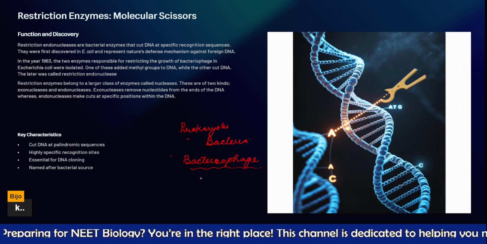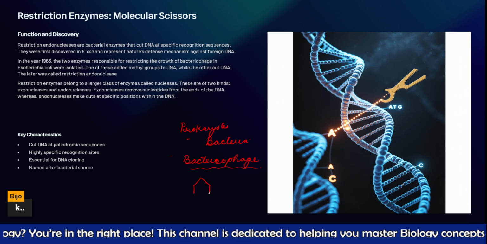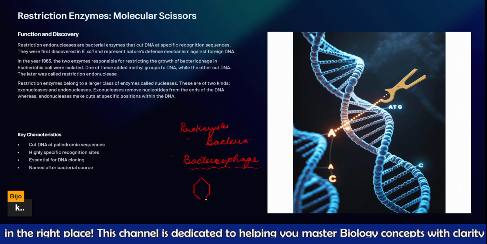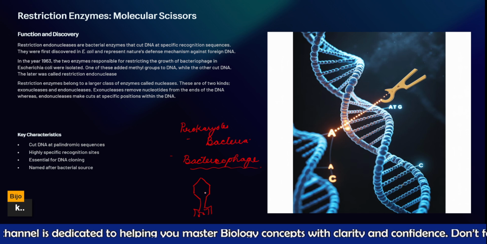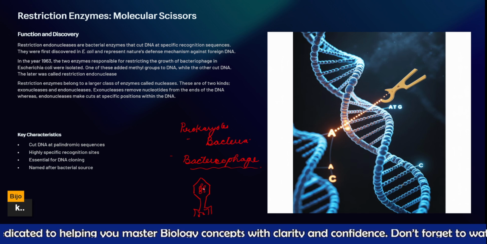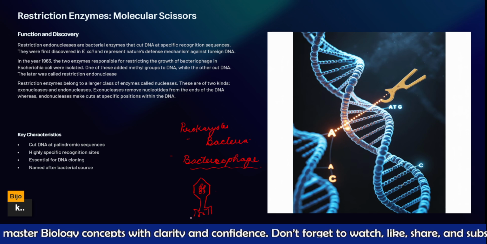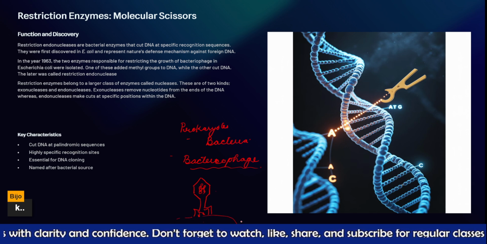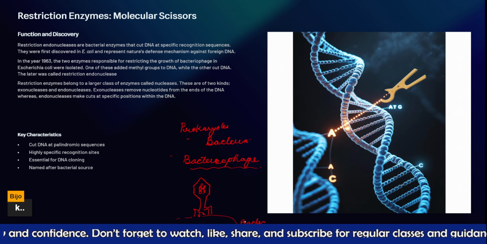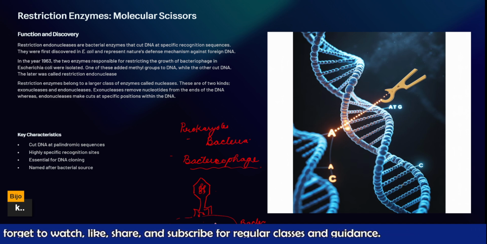So we know the structure of the bacteriophage. They have a protein coat, with the protein coat fiber, and inside you can see the DNA. It is a very simple structure. So this is a bacteriophage. When the bacteriophage infects the bacteria, the bacteria has a certain specific defense mechanism.